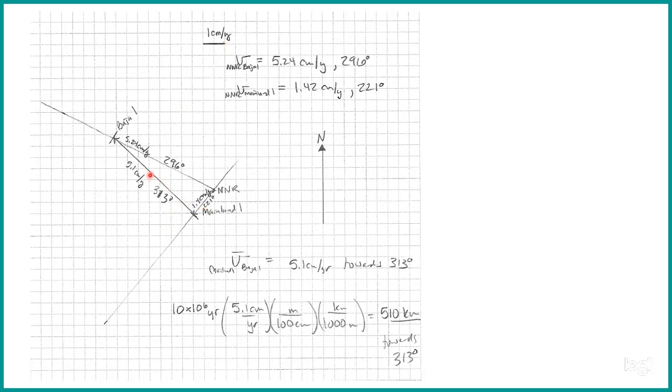So this vector represents 5.1 centimeters per year, and it's plotted in a direction of 313 degrees, so towards the northwest there. So there is the motion of the Baja relative to the mainland for those 2 points, 5.1 centimeters per year in a direction of 313.